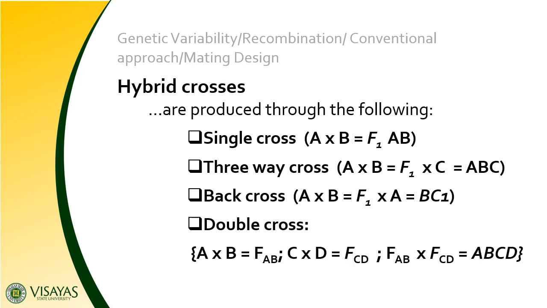Then you have double cross. In here, you have four parents. So you have A and B crossed together to form F1 AB, and then C and D crossed together to form F1 CD, and then the two F1s will be crossed together to produce ABCD F1s. So you have here double cross.